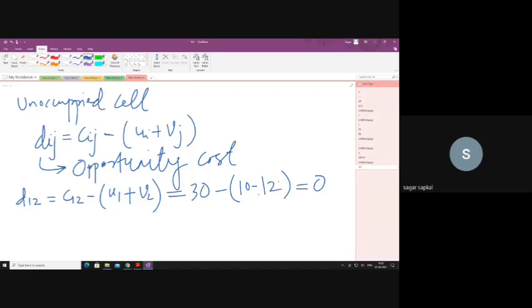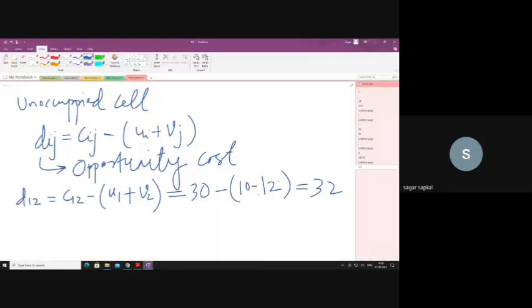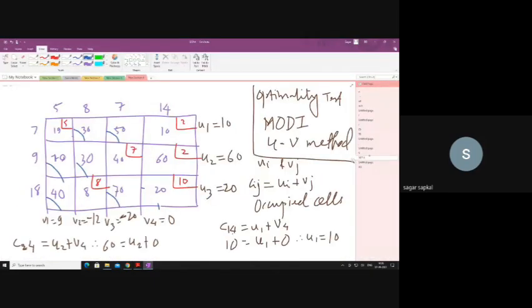Okay, so 10 minus 12 is minus 2. 30 minus 2. It is 32. So you can write 32 here, at the bottom left corner of the cell.